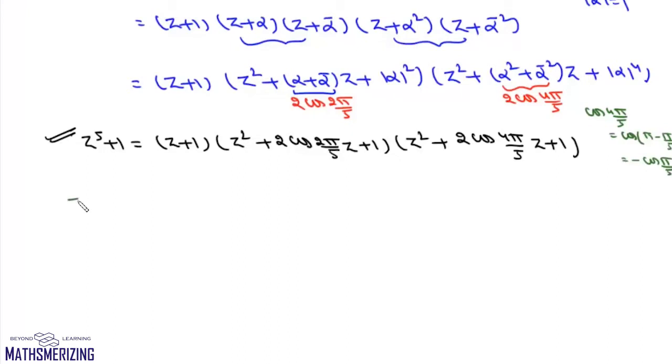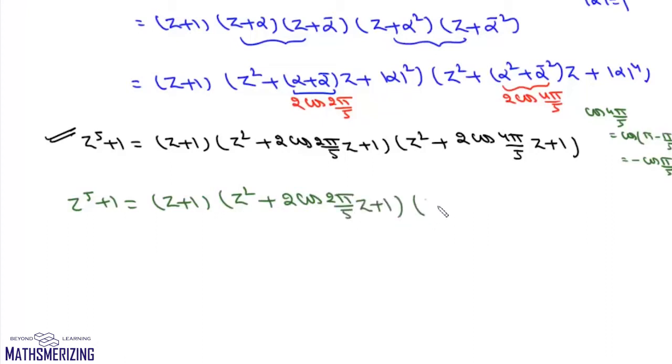So we'll write z to the power 5 plus 1 as z plus 1 into z square plus 2 cos 2 pi by 5 z plus 1 into z square minus 2 cos pi by 5 z plus 1.